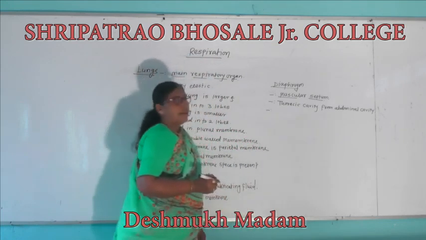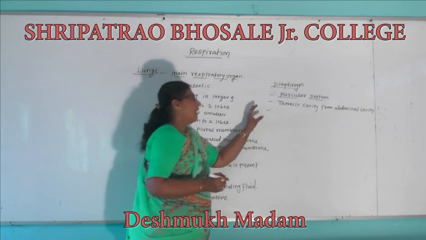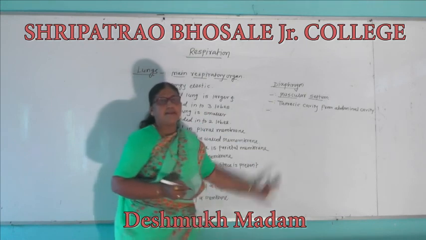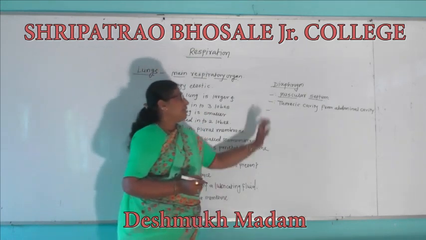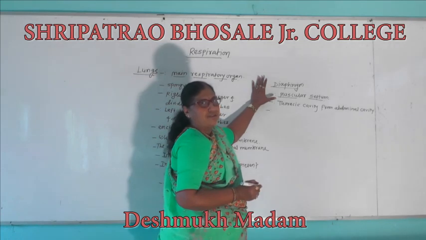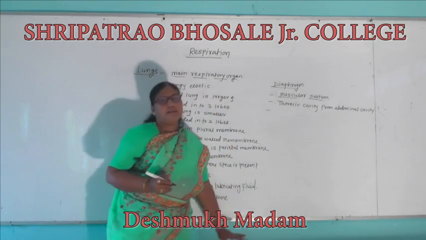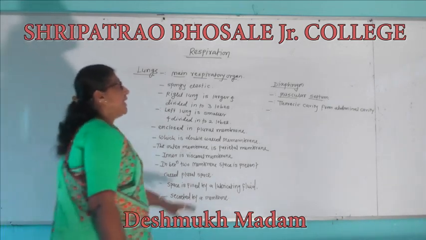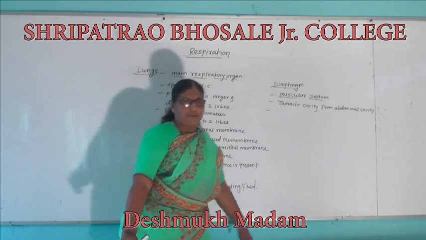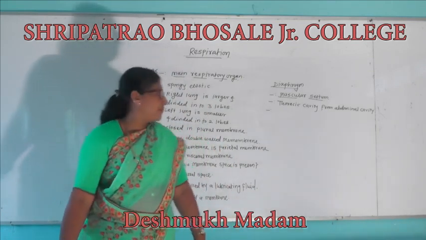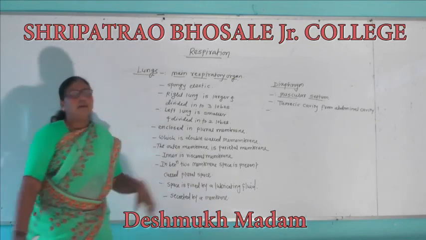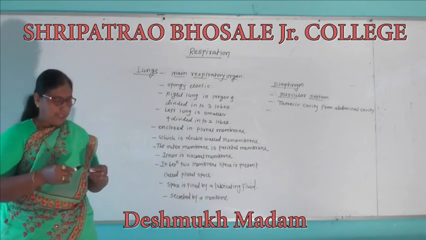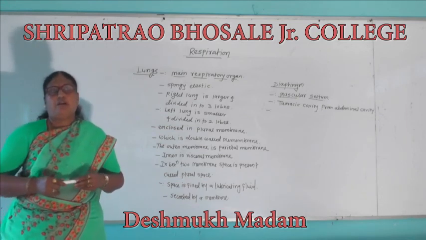When the intercostal muscles contract, the diaphragm is flat, and when the intercostal muscles are relaxed, the diaphragm is dome shaped. These are the respiratory parts which help in the process of respiration.